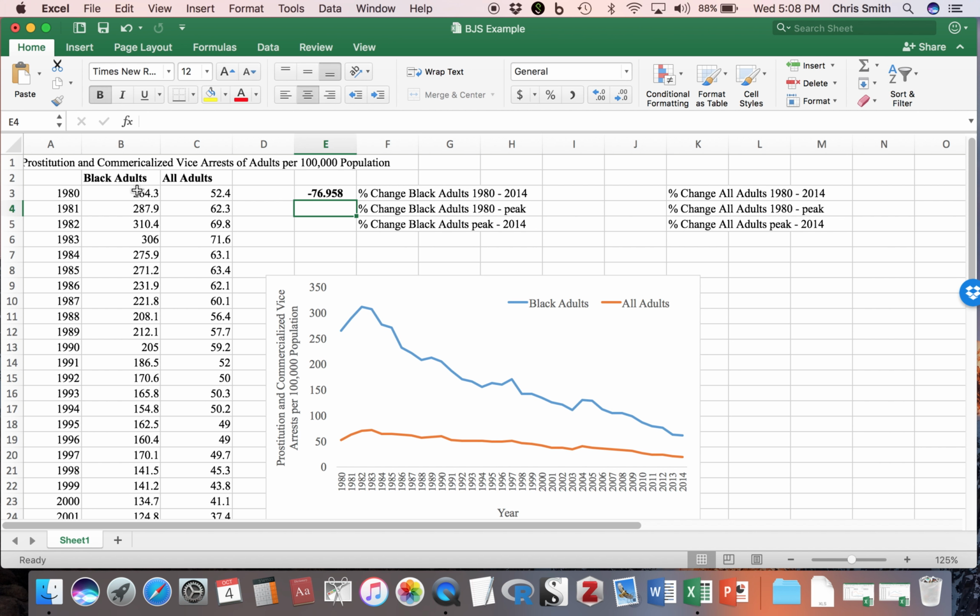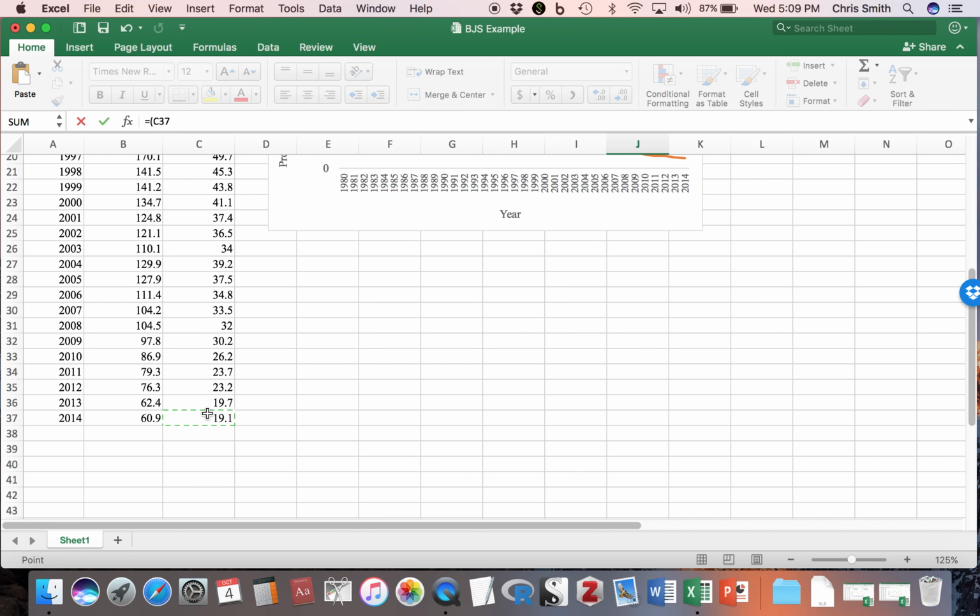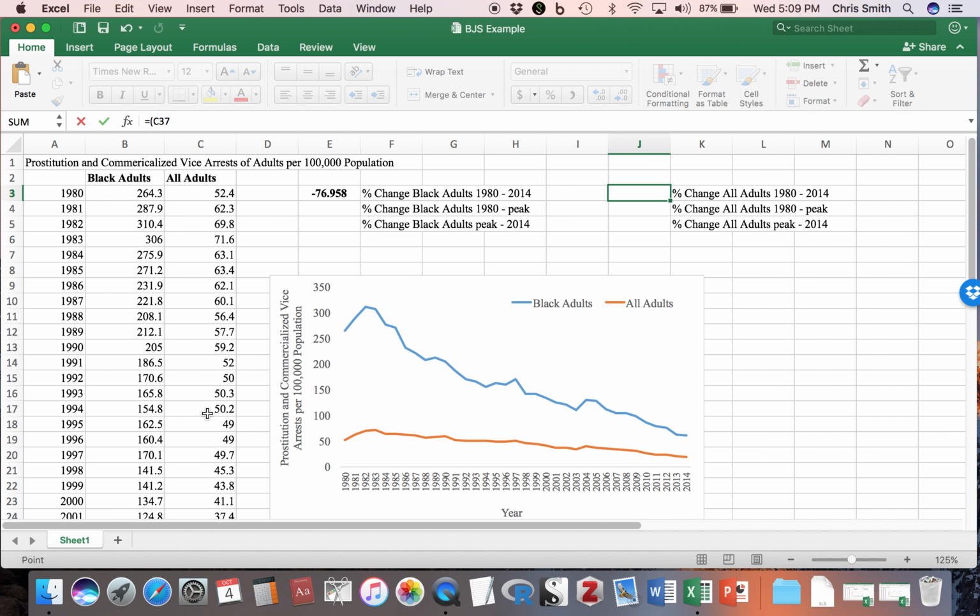How does this compare to the change for all adults? Equals, open parentheses, the most recent rate for all adults, subtract the earliest rate for all adults, close parentheses, divide the earliest rate, multiply by 100.